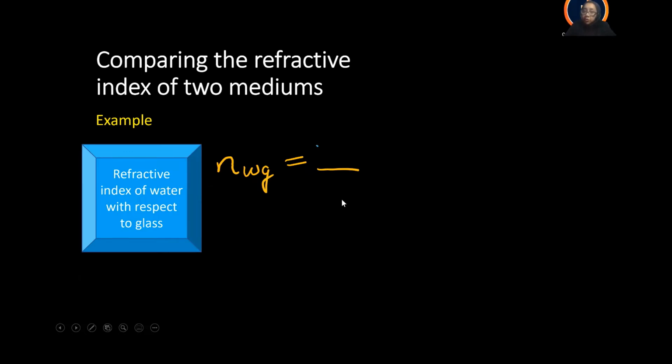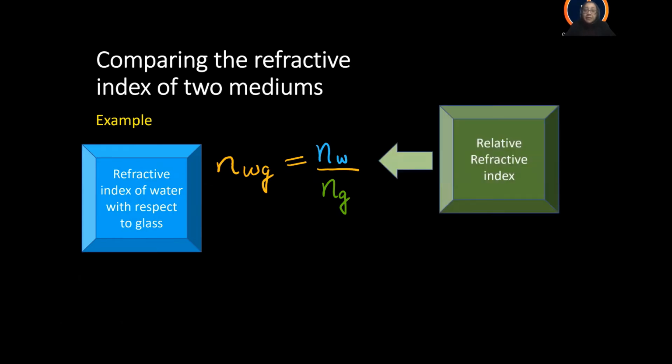So this is a ratio now, and we can write the refractive index of water divided by the refractive index of glass. We call this the relative refractive index because we are comparing and finding out a relationship. Now, what is NW? From the formula just learned, we can write C divided by VW, that is, the speed of light in vacuum divided by the speed of light in water.